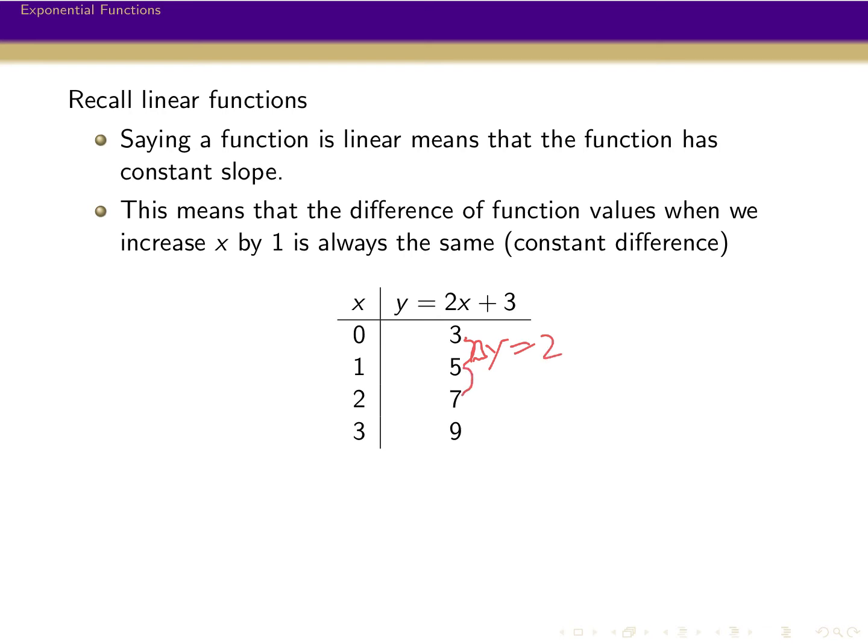What's the difference between 5 and 7? y has changed by 2. Between 7 and 9? y has changed by 2. And for all of these, delta x is equal to 1. So what's the slope of this function? 2 divided by 1 gives me 2.